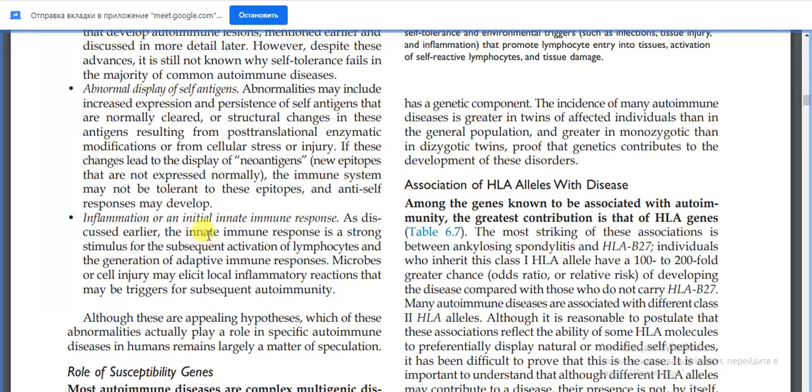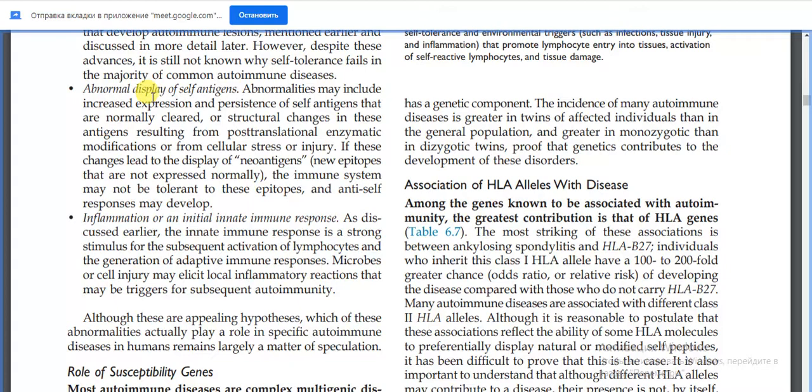An example of this abnormal display of self-antigens is diabetes mellitus. You know that in diabetes mellitus the sugar level is increased, and self-antigens are present here, usually glycoproteins. When the glucose level is too high, a polycondensation reaction, very typical for carbohydrates, occurs.